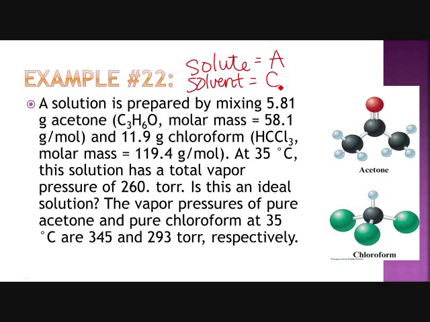Okay, so what we need to do: we have our P total is equal to the mole fraction of A for acetone times the pure pressure of acetone, plus the mole fraction of C for chloroform times the pure pressure of chloroform. We're going to do the same thing that we just did, except we have to do it twice because we have two different liquids adding together to make this solution.